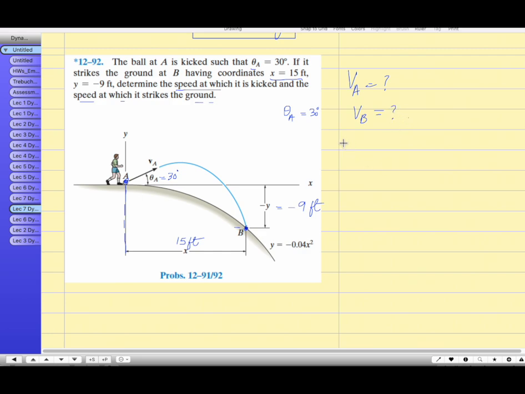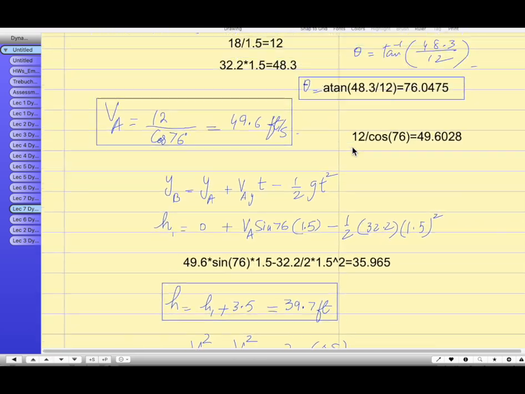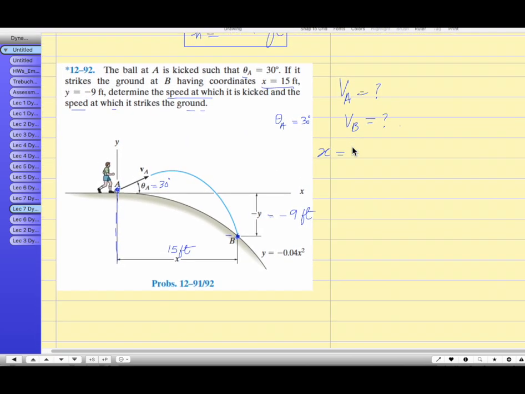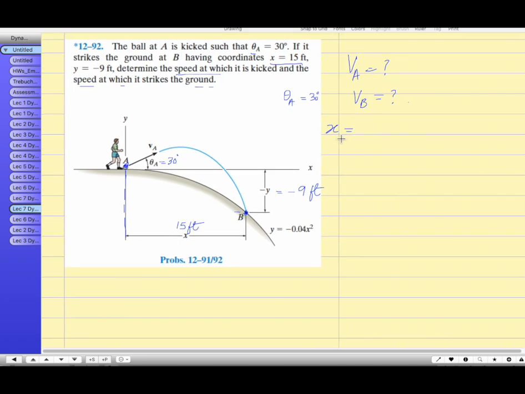So I would start from the distance formula in the x direction like we did over here. I'm going to use the same methodology or process to start my problem. When you have such a question, it's a very good start to find the unknowns. xB equals xA plus velocity in x times t.